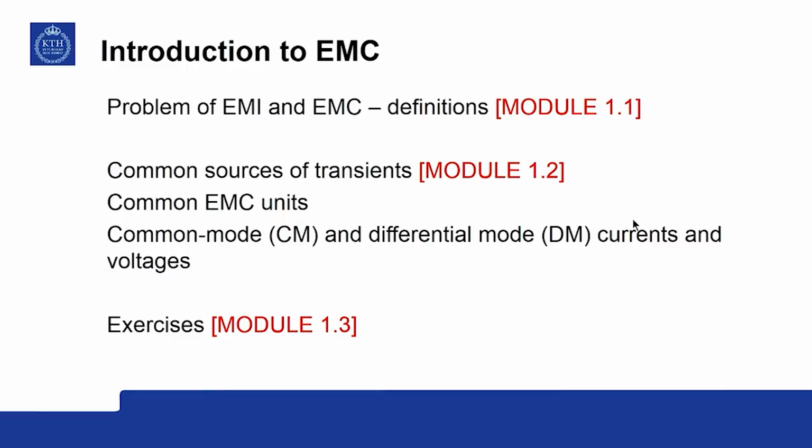Instead of meters, why do you represent in EMC studies how many wavelength long? Then what is meant by common mode and differential mode currents and voltages. So, module 3 will be devoted to some exercises and problems. This will be mostly in the form of homework that you can do at home, so that you become very familiar with the concepts introduced over here.